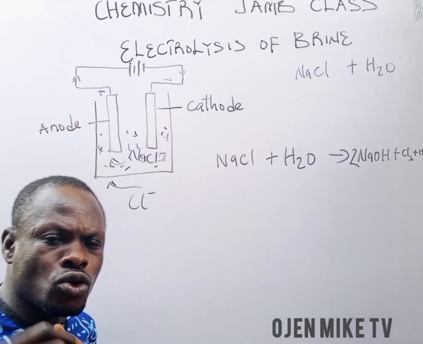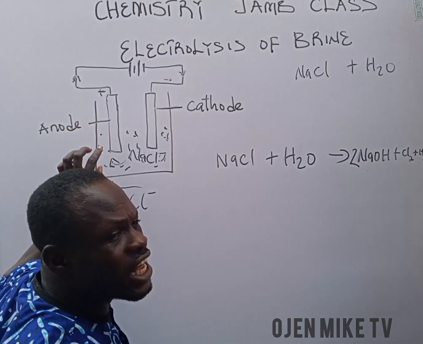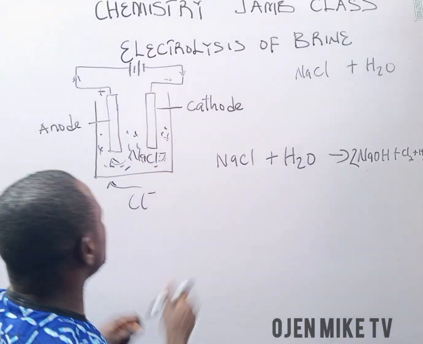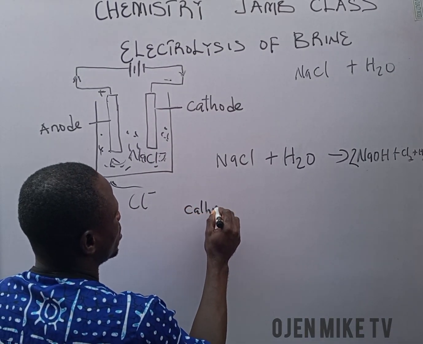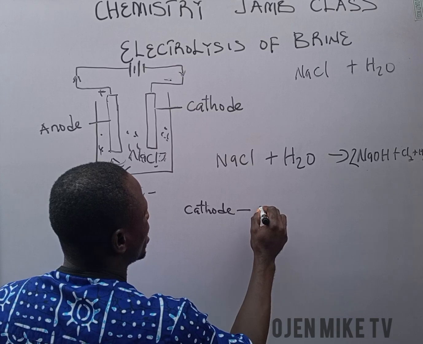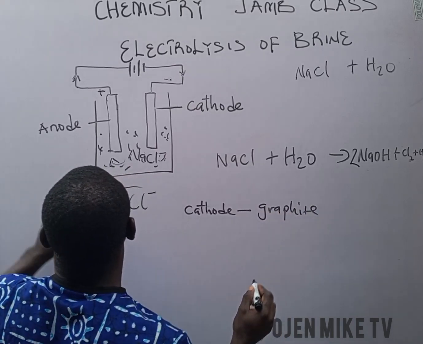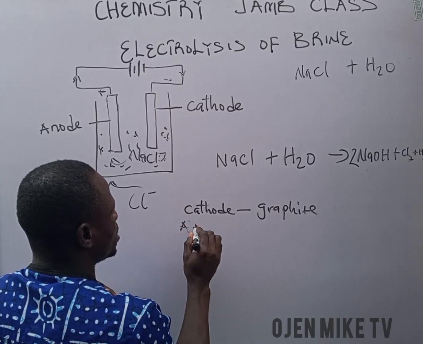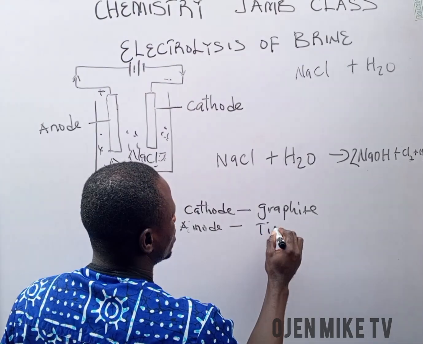One of the questions mostly asked in JAM is what the anode and cathode in electrolysis of brine are made of. The cathode here is made of graphite, while the anode here is made of titanium.